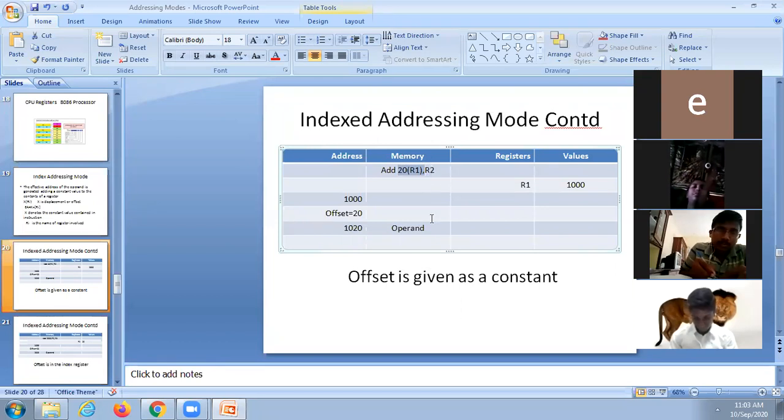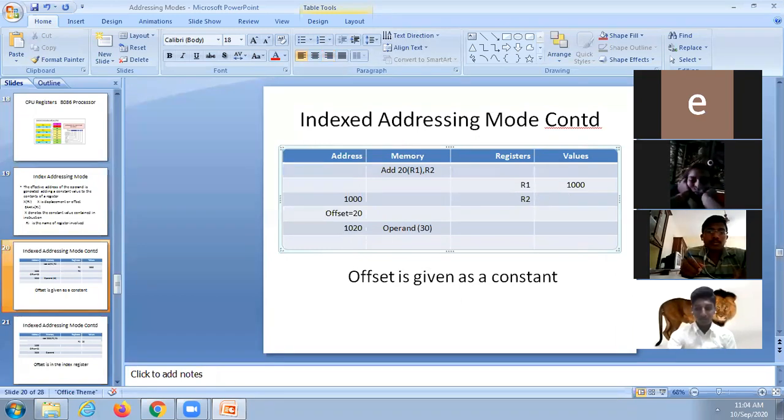It is to be added to R2. Suppose in this case, for example, I will put it in brackets, it will have 30 value, and R2 will have 20 value, no, not 30.